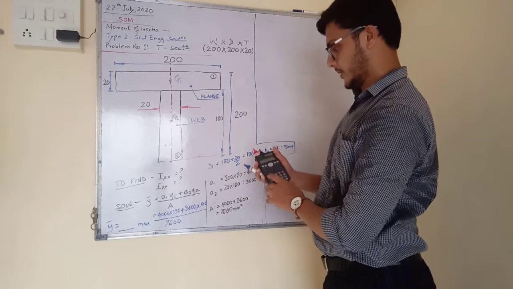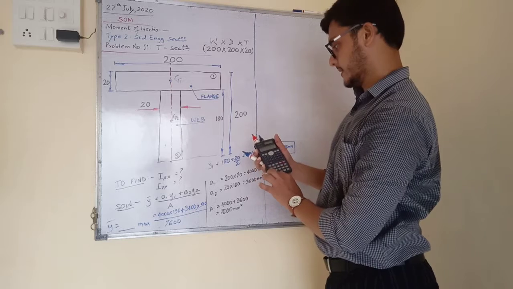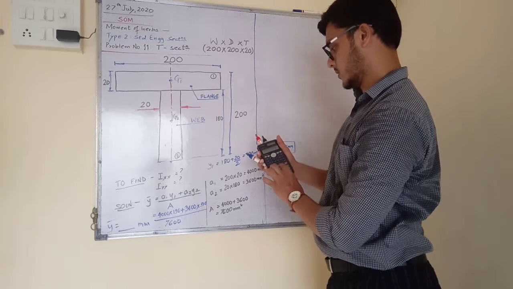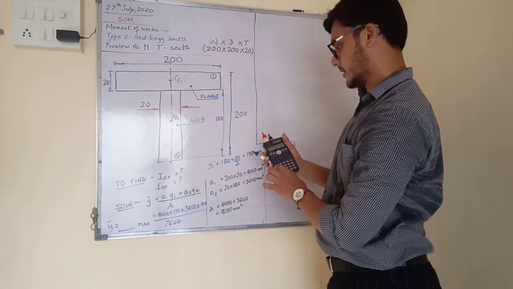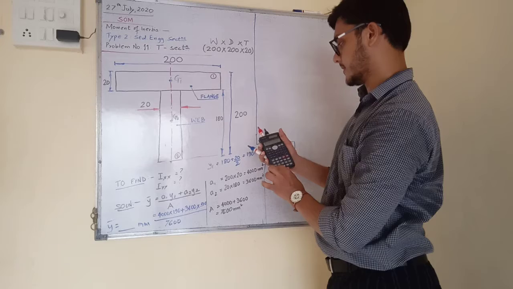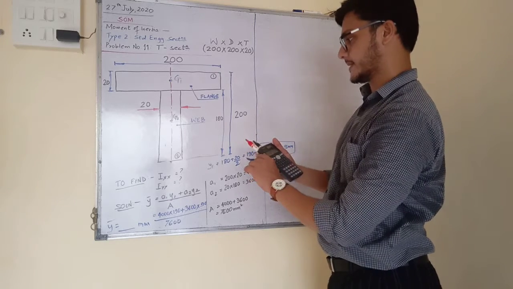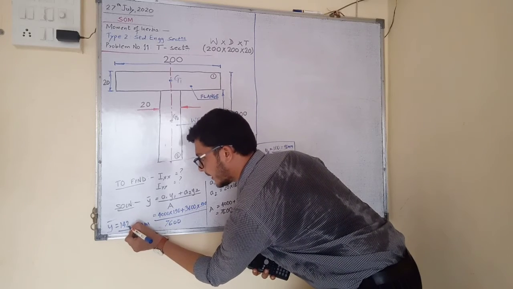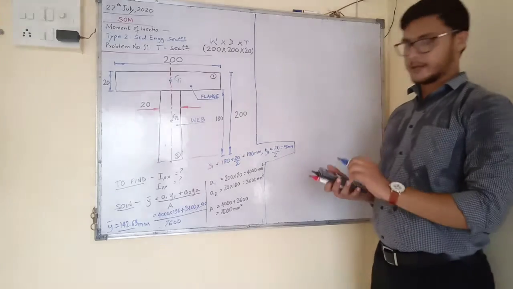Open double bracket, numerator in bracket, 4000 into 190 plus 3600 into 90, close the bracket, divide, open the denominator bracket, 7600, close double bracket, 142.63. 142.63 is y bar. So I have got y bar.